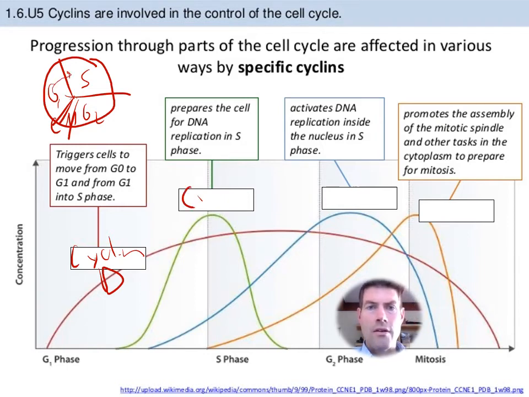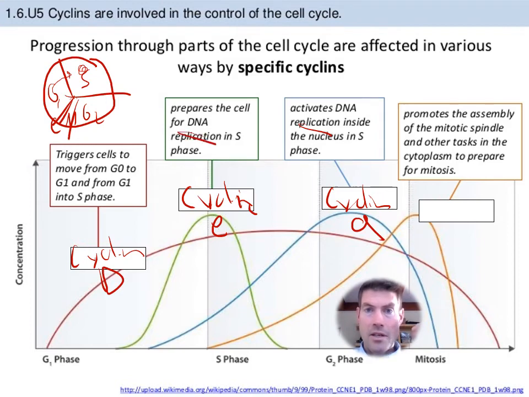And then right here you have cyclin, what's this one? E. Cyclin E. And this helps in this stage get that DNA copied. And here, cyclin A, also busy in this S phase. So yeah, another DNA replication.